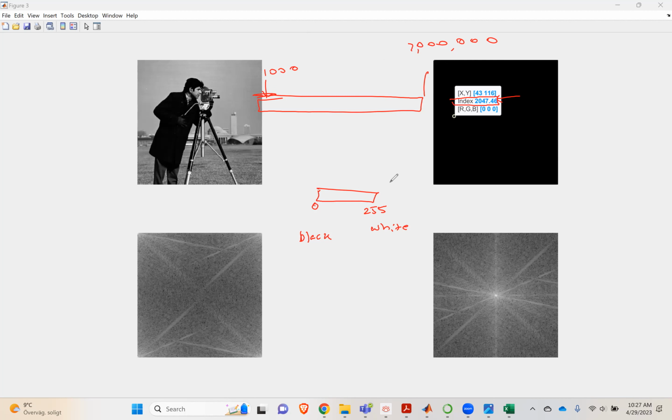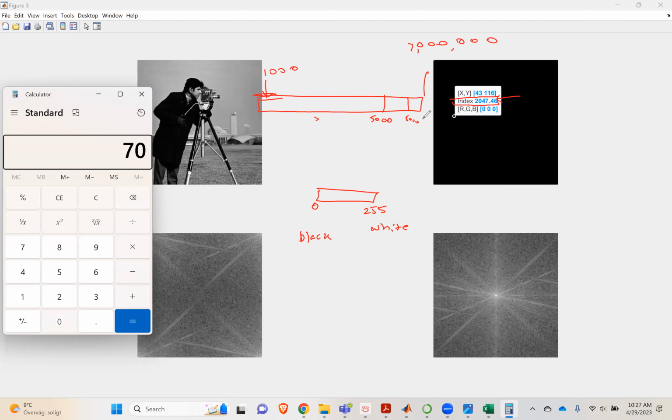But the thing is, the majority of the values up to here are less than 5,000. Maybe 5,000 is sitting here, and here it's like 50,000. So 7 million divided by 50,000 gives 140.